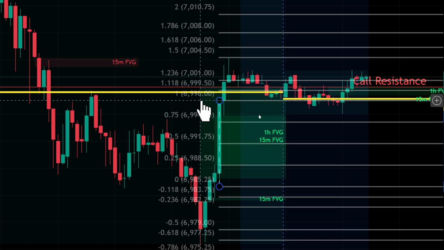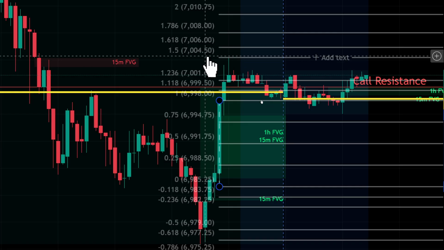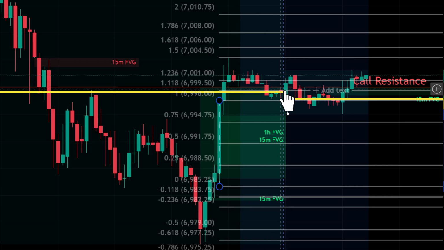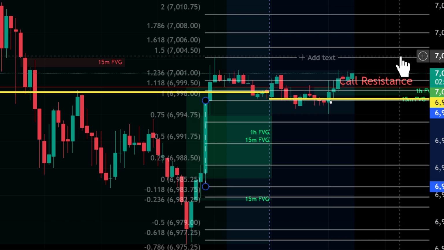Okay. Here's the one line. It went all the way up before it turned and went all the way to the tick right there to the 0.5. Look at that. Came back inside and chopped for the rest of the night.